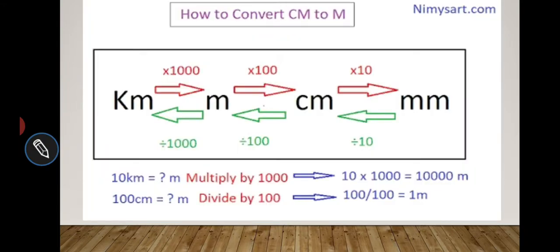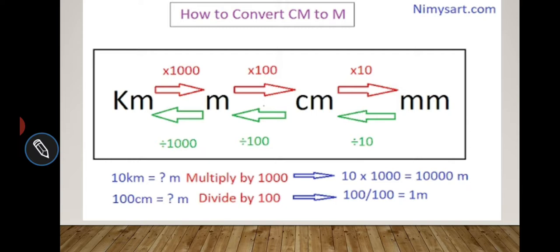Next, what I have said, how to convert centimetre to metre. That is, kilometre into thousand is equal to metre. Metre into 100 is equal to centimetre. Centimetre into 10 is equal to millimetre. If I want to go millimetre to centimetre, I have to divide the number by 10.